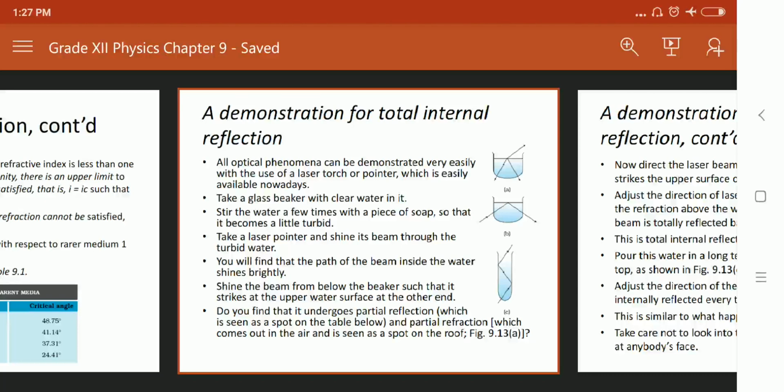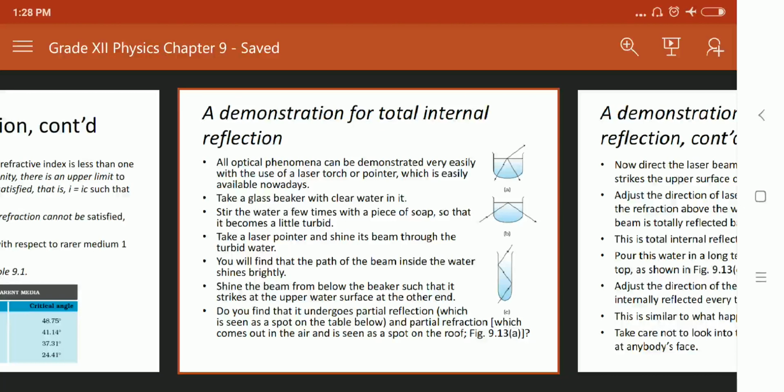It will become turbid. Within that turbid material, light rays can shine and we can easily see the propagating path. So take a laser pointer and shine its beam through the turbid water.